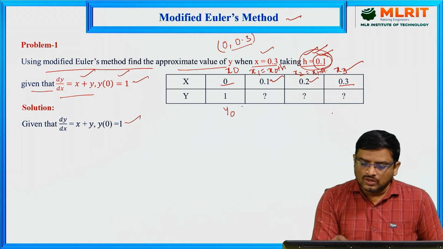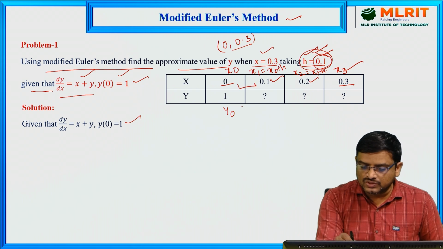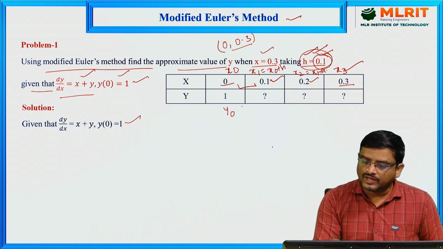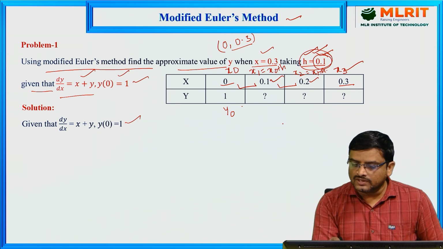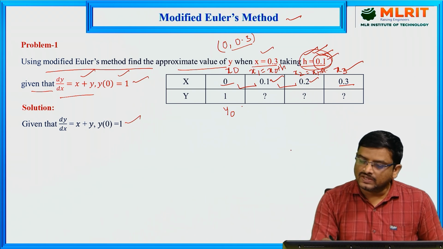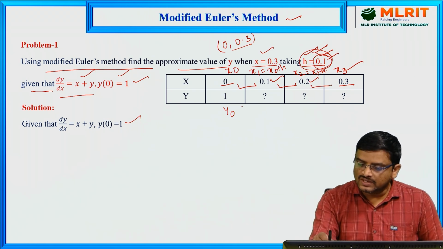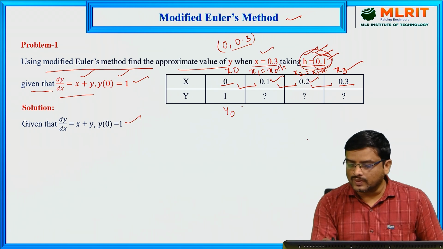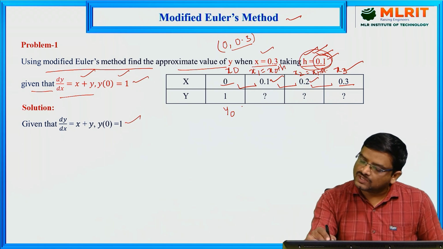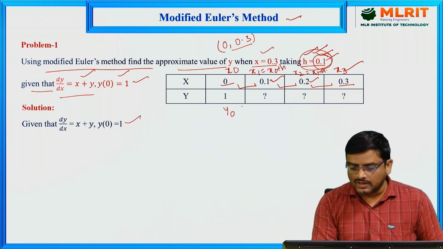Now if you take the difference between these two, this value is equal to h. If you take the difference between 0.1 and 0.2, it is equal to the h value, and similarly if you take 0.2 and 0.3, this difference is also equal to 0.1.